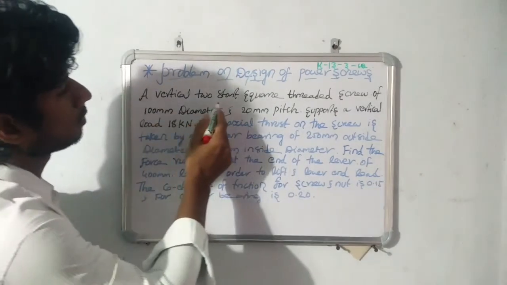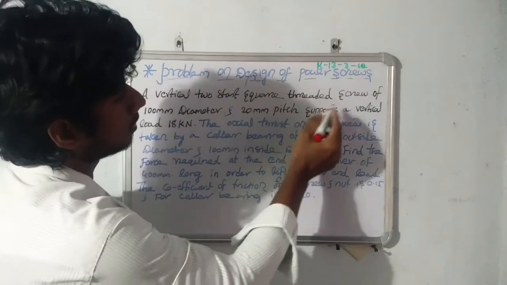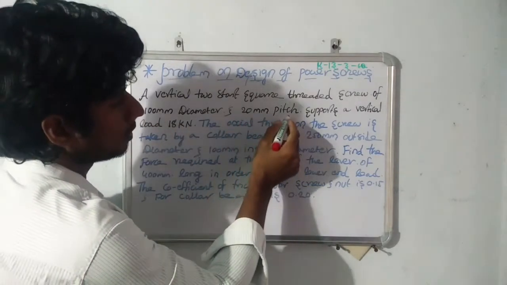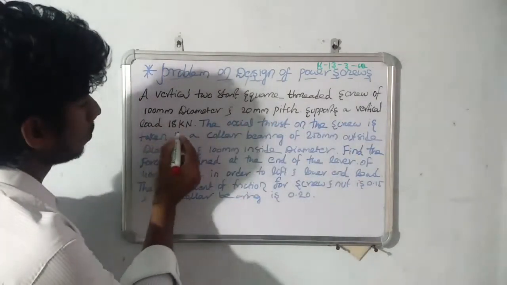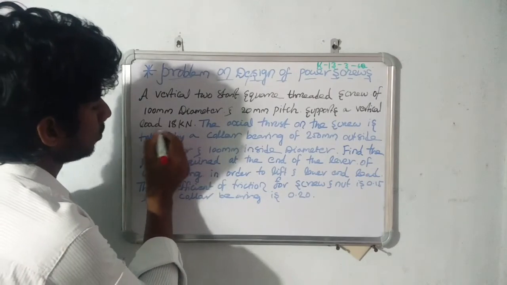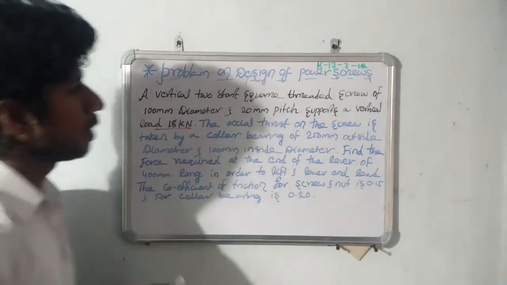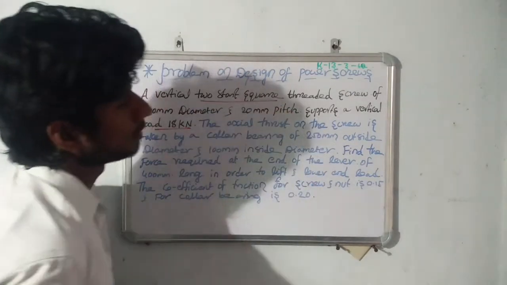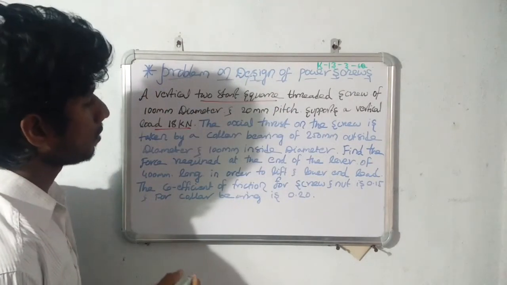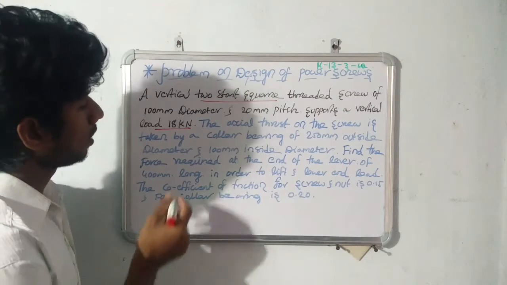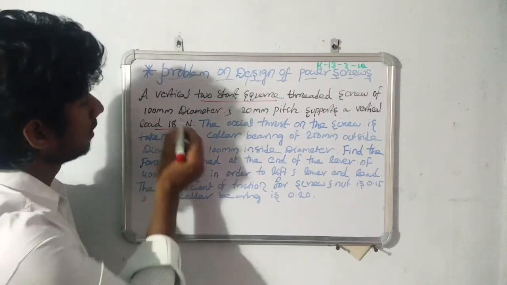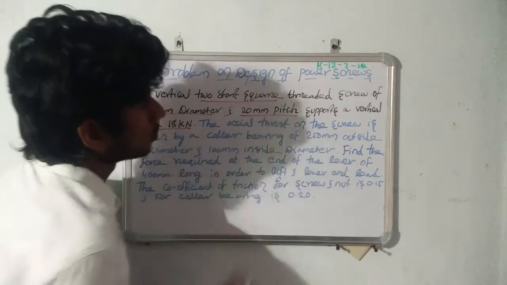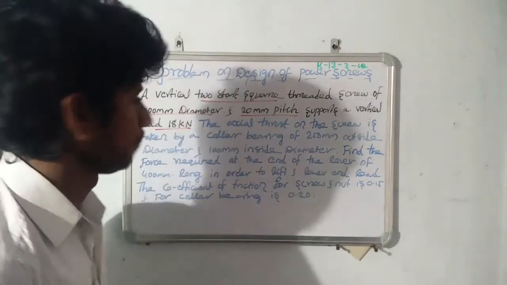A vertical two-start square threaded screw of 100 mm diameter and 20 mm pitch supports a vertical load of 18 kilonewtons. Here we are going to design a vertical two-start square threaded screw to support a load of 18 kilonewtons, with a diameter of 100 mm and a pitch of 20 mm.